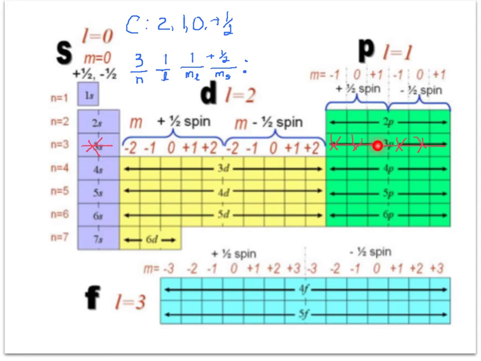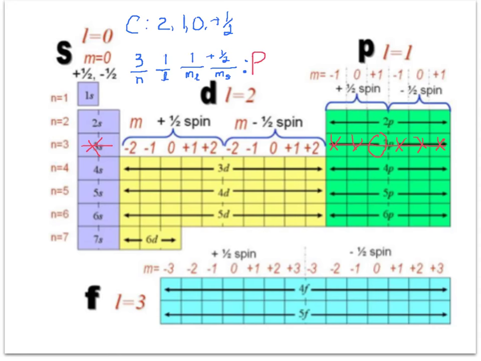So it's either of these 2 elements, phosphorus or argon. Then we look at the last one, the magnetic spin number. When we look at the magnetic spin number, we realize it's positive. So it cannot be argon. It has to be here. And that is phosphorus. So that's how we go about doing that.